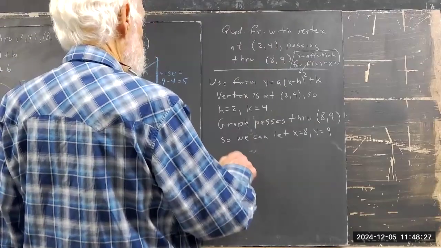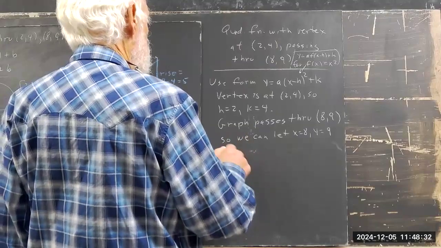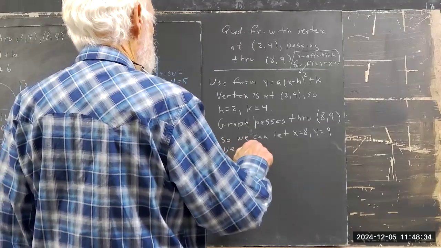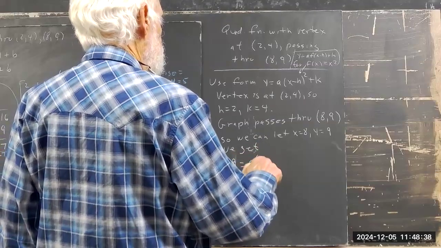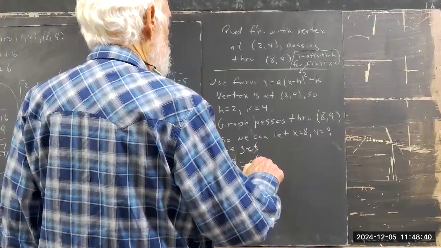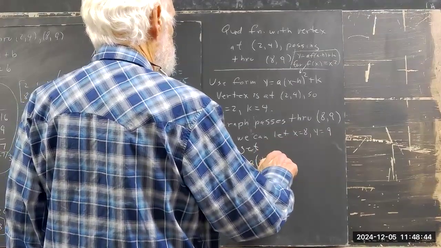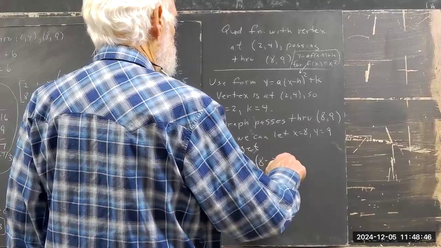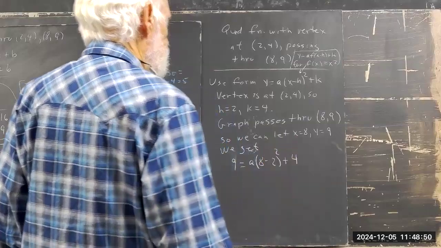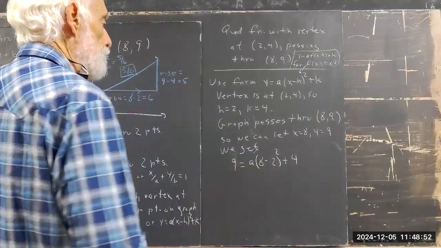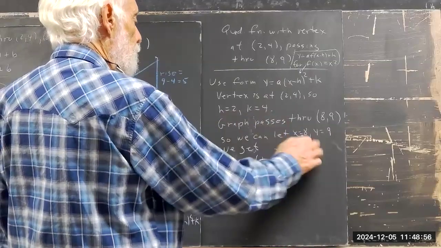So we get 9 equals a times, x is 8 minus h is 2, plus k, which is 4. And this, of course, is squared. So there we substituted these 4 values.